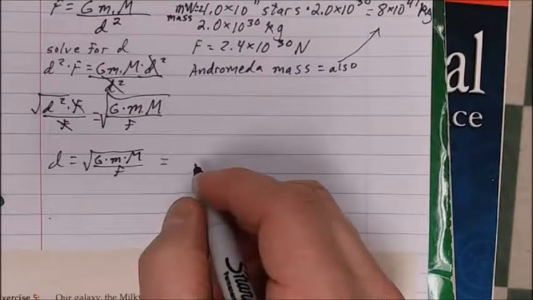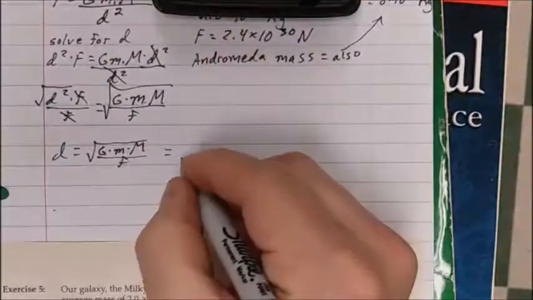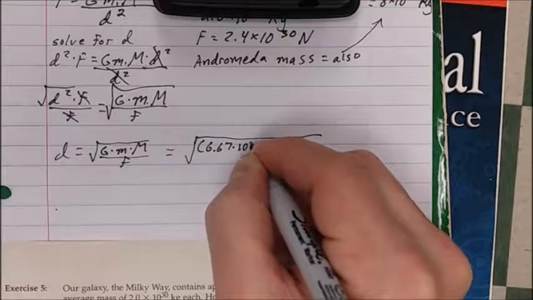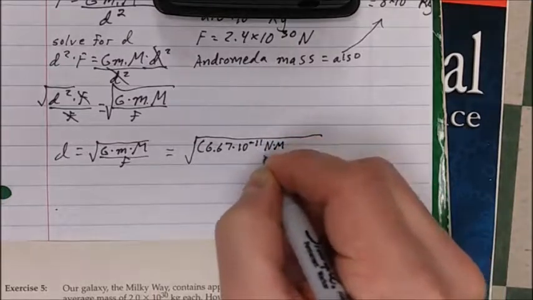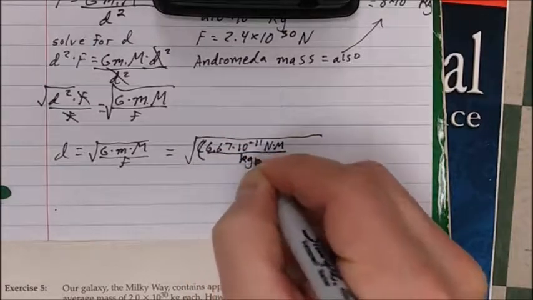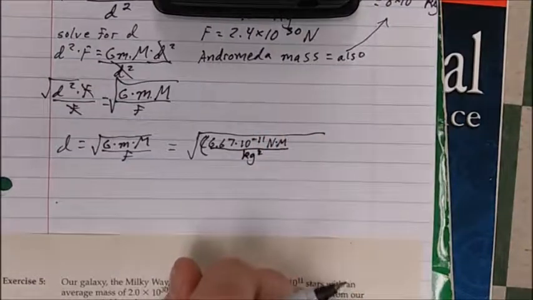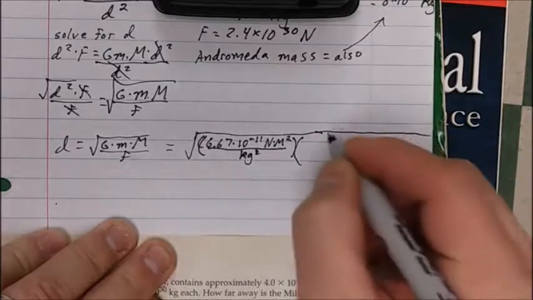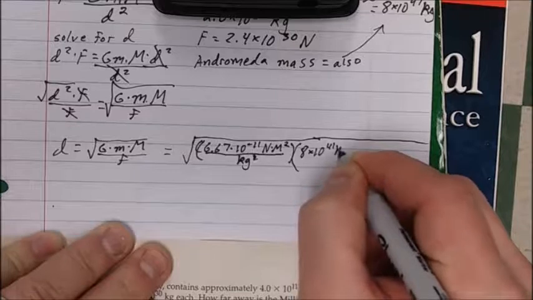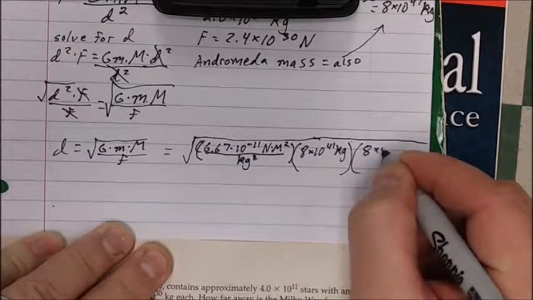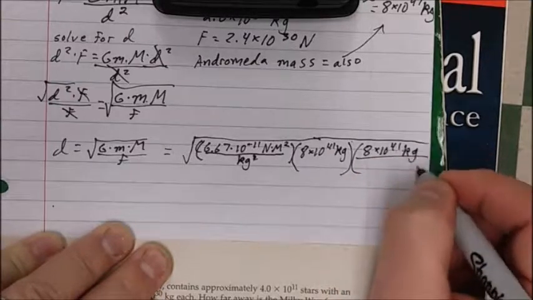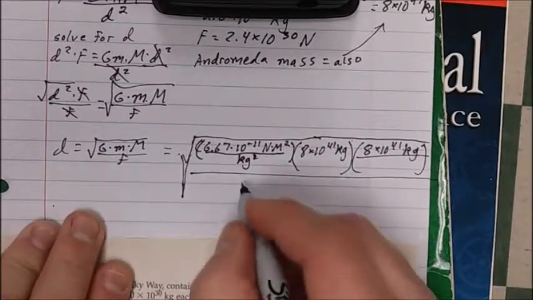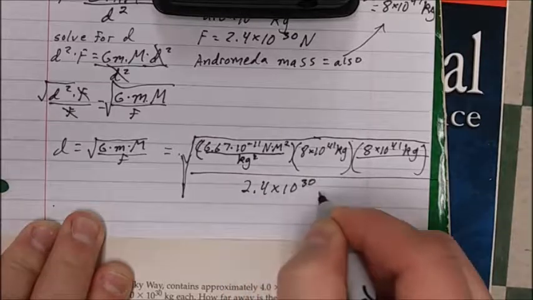Let's plug it in right here. The square root of G, which is 6.67 times 10 to the negative 11 newton meter squared per kilogram squared, times the mass of one of them, which is 8 times 10 to the 41 kilograms, times the mass of the other one, which is 8 times 10 to the 41 kilograms, all divided by, and this square root sign is actually going to extend over the denominator too, the force, which was 2.4 times 10 to the 30 newtons.